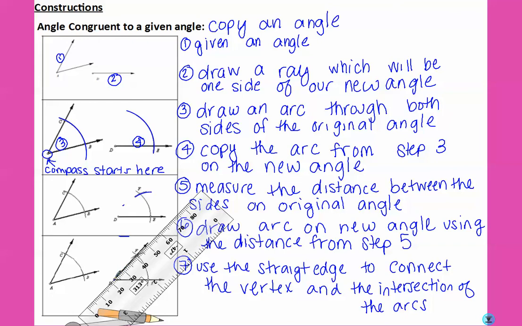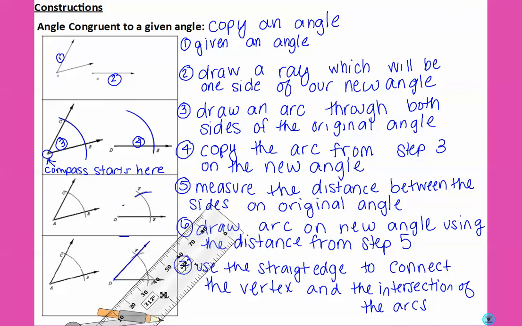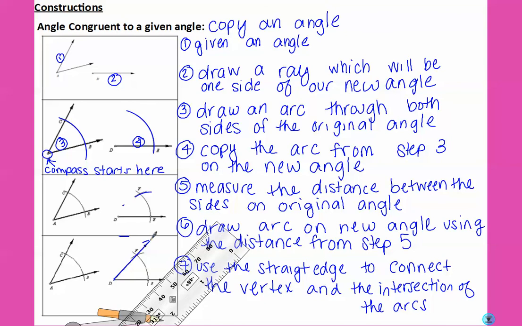And intersect there. And then we usually put an arrow on the end to show that it's a ray to make it into a proper angle.